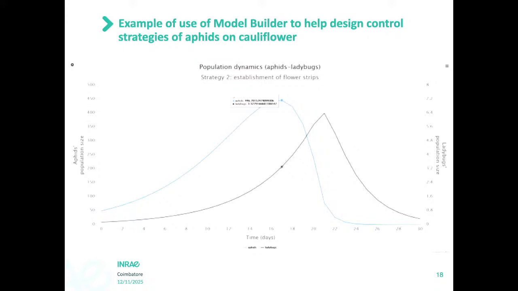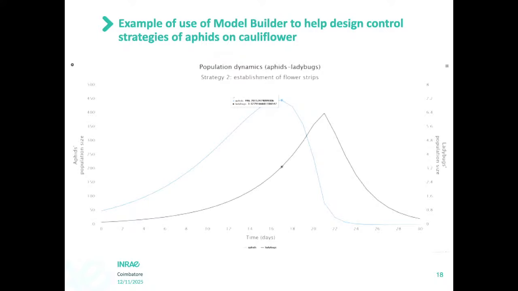So using a very simple ecological model, a Lotka-Volterra model, very famous in ecology, we were able to analyze the effect of a strategy by establishing flower strips in the field of cauliflower, because it will attract ladybugs that will be able to control the aphid population.